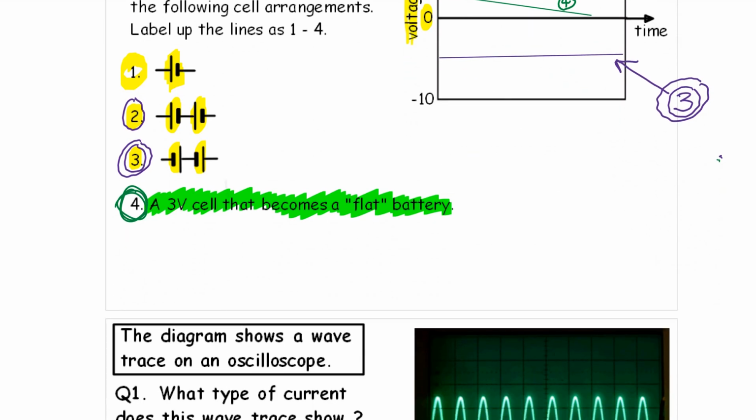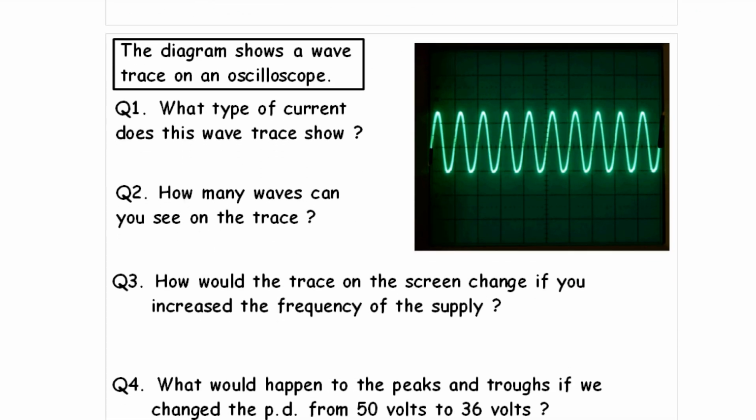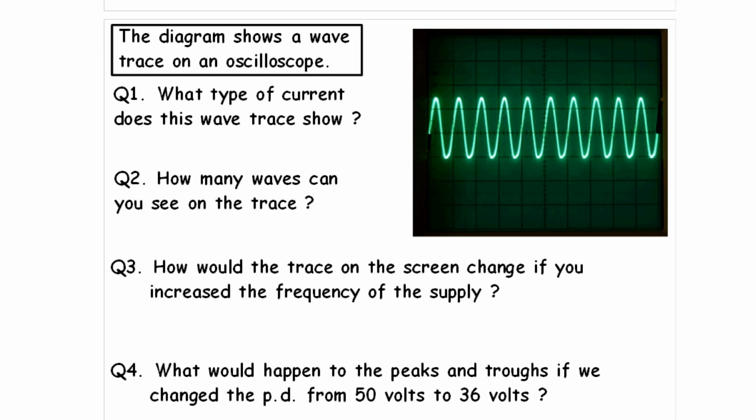Now, the final section. What type of current does this wave trace show? This is AC, alternating current. How many waves can you see?